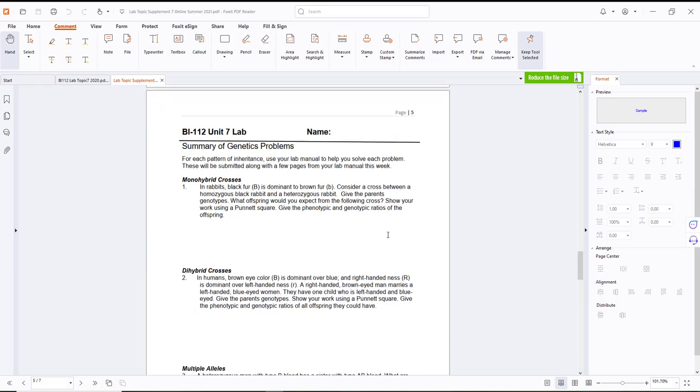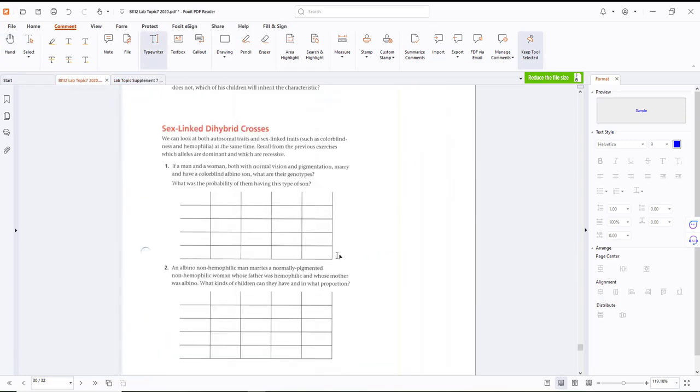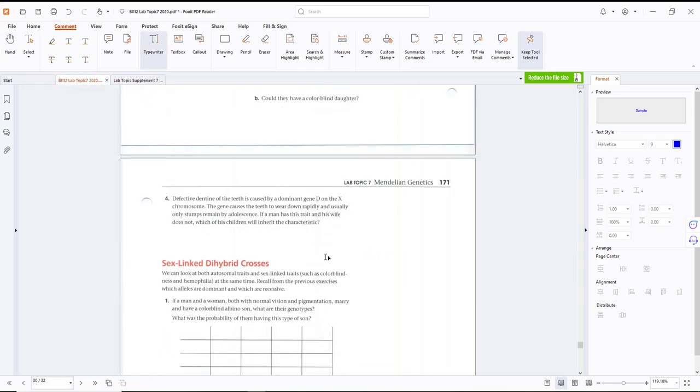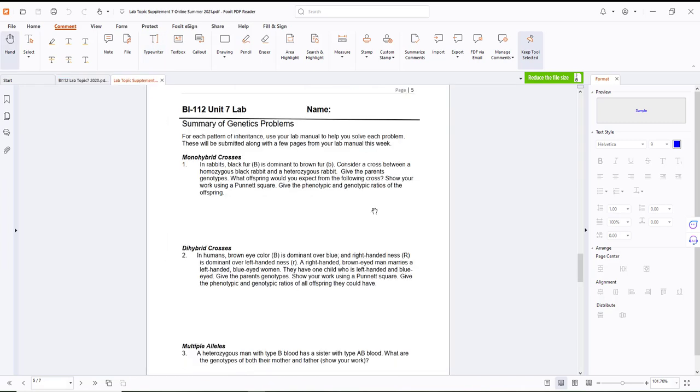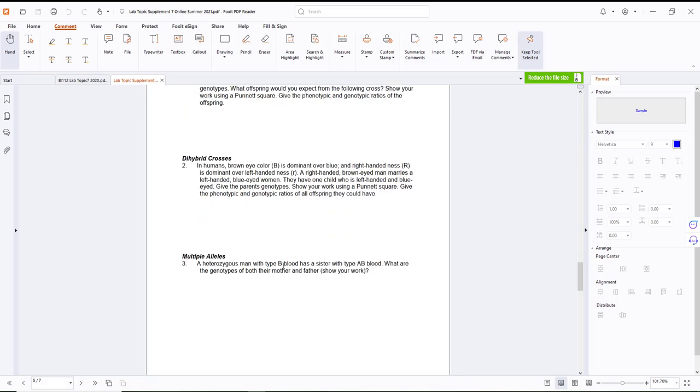So for those of you that are pretty confident in your Punnett squares, you can do all of this on your own, and then basically you're just submitting pages 5 through 7 along with the other pages for points.